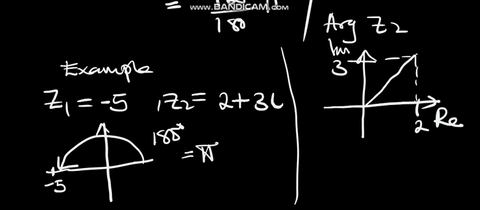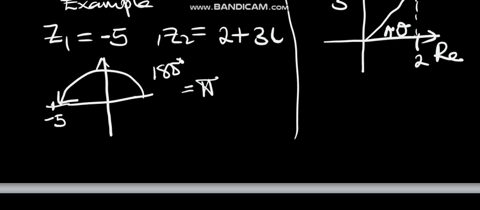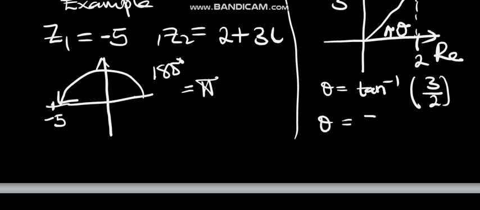So we need this angle theta, and we know by definition that our angle theta is equal to tan inverse of 3 out of 2. So what is tan inverse of 3 out of 2? So theta is equal to 56.310 degrees.